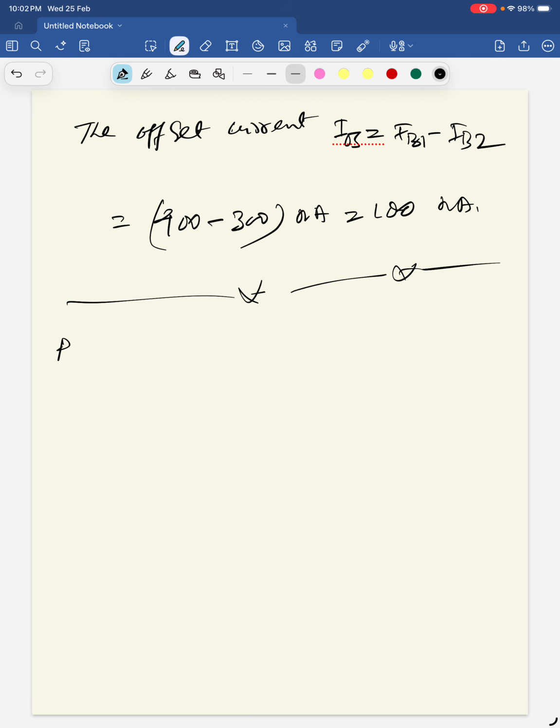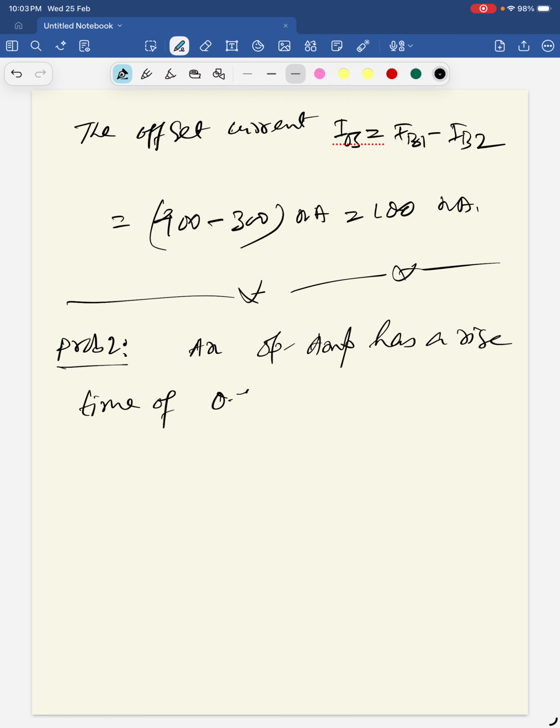Now problem 2. An op-amp has a rise time of 0.7 microsecond.